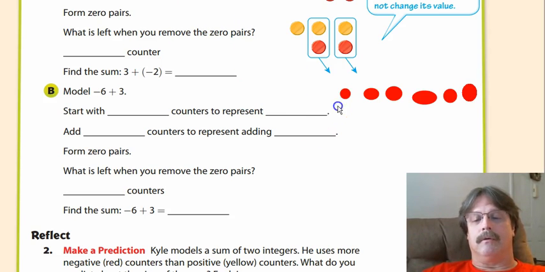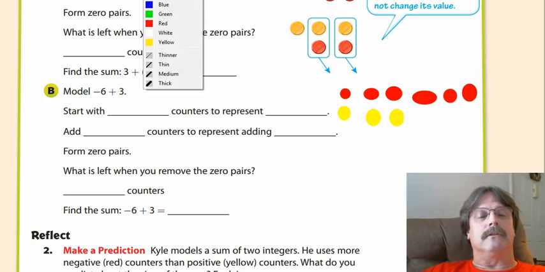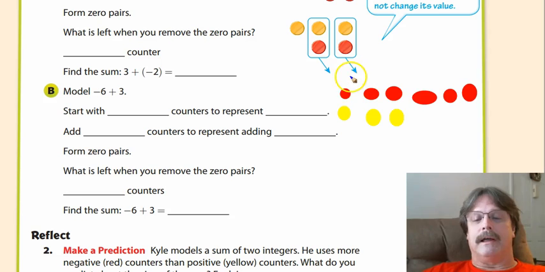Then I want to bring in 1, 2, 3. Notice how I paired them up, okay? So if I zero them out, there's 1 pair that's 0, there's 2 pairs that's 0, and the 3rd pair that's 0. And I am left then with 3 chips, okay?